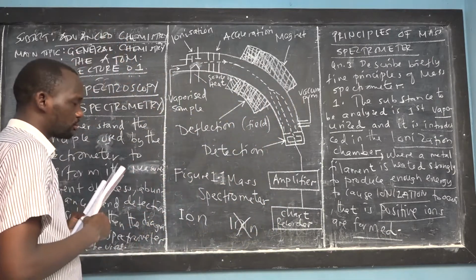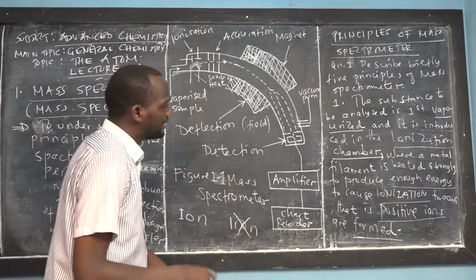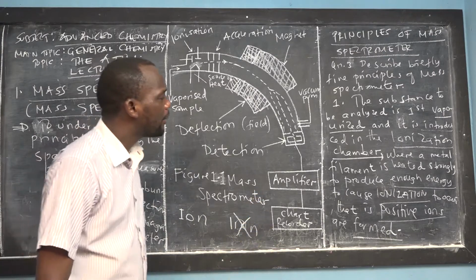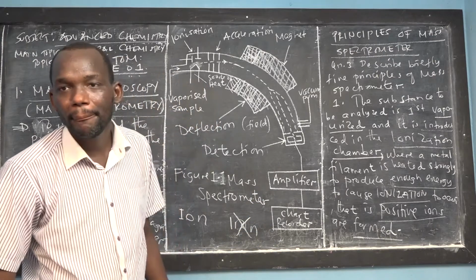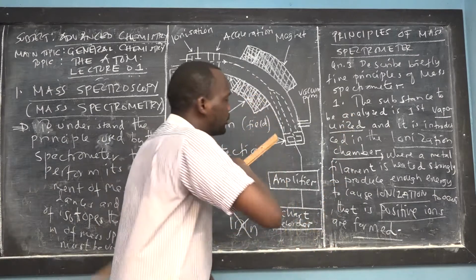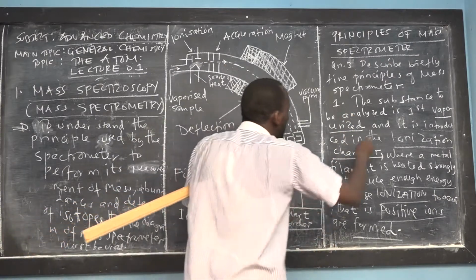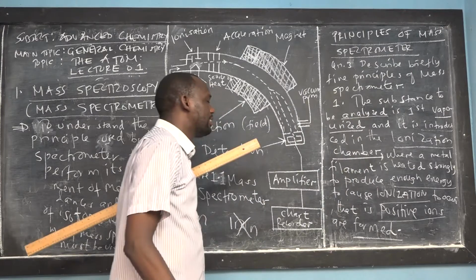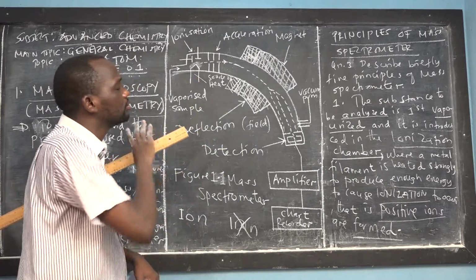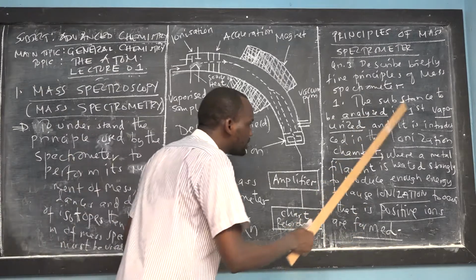The first principle states that the substance, for example magnesium, aluminium, sodium, lithium, carbon, the substance to be analyzed, that we want to measure its atomic mass, detect the number of isotopes, and know its abundance, is first vaporized.